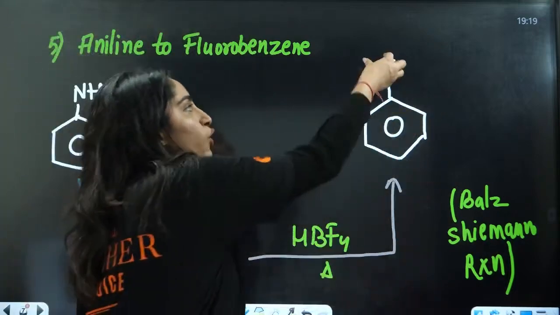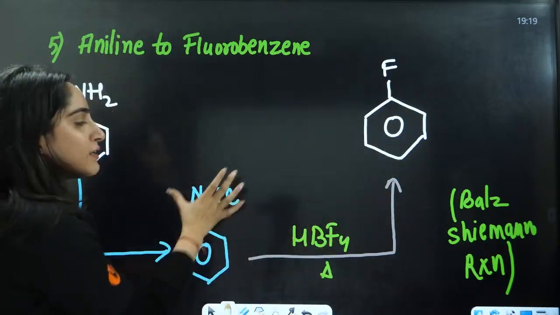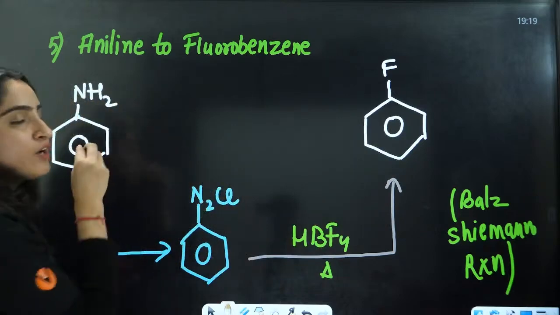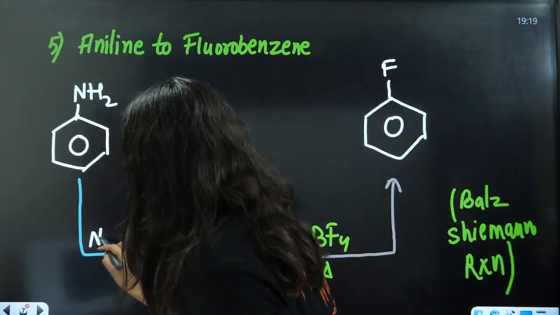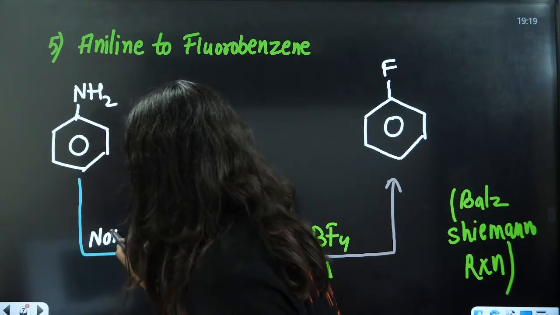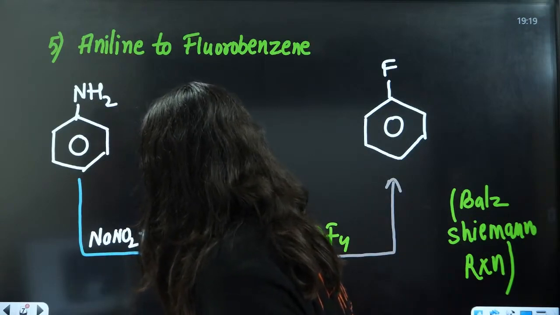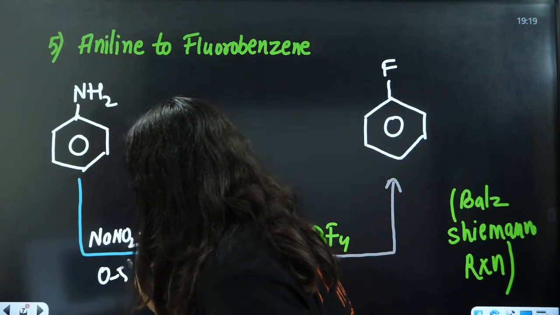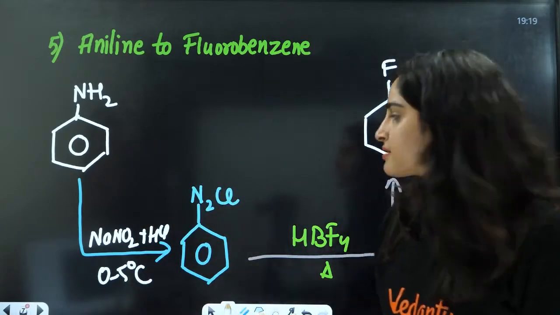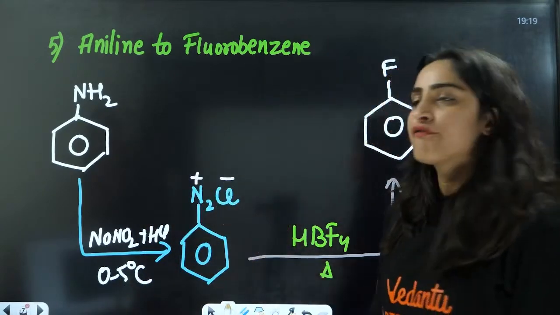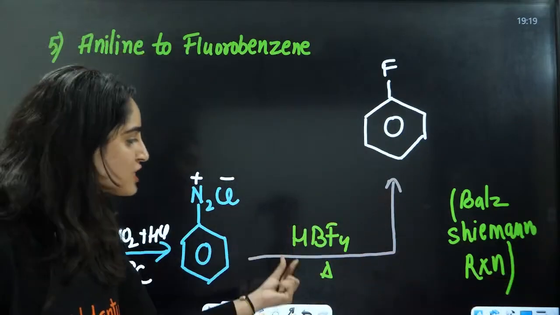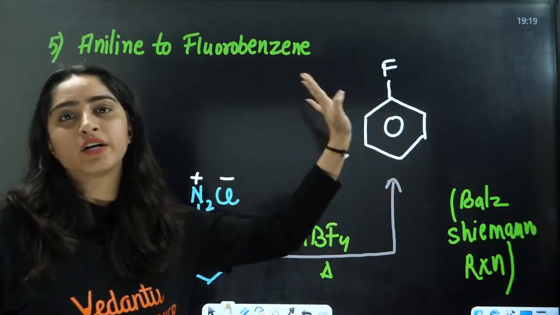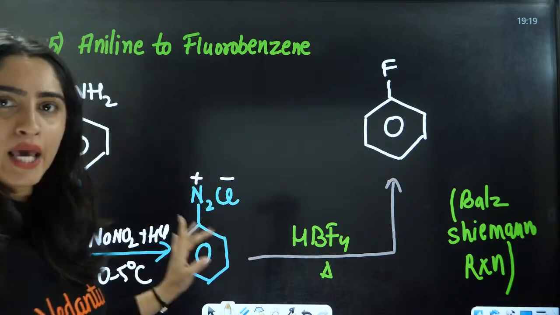First you have to go to fluoro, and that is only possible by diazonium salt. We convert aniline to diazonium salt simply by diazotization, that is NaNO2 plus HCl, then 0 to 5 degrees Celsius. This is the diazonium salt that is formed here. Then we do the Balz-Schiemann reaction, where we add HBF4 and heat, and we can convert it into fluorobenzene, okay?